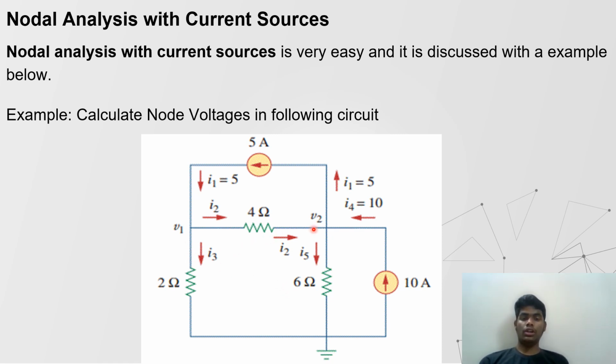V1 and V2 are the node voltages, and this is the reference. I1 is divided into I2 plus I3, and I4 is again divided into I5 minus I4.